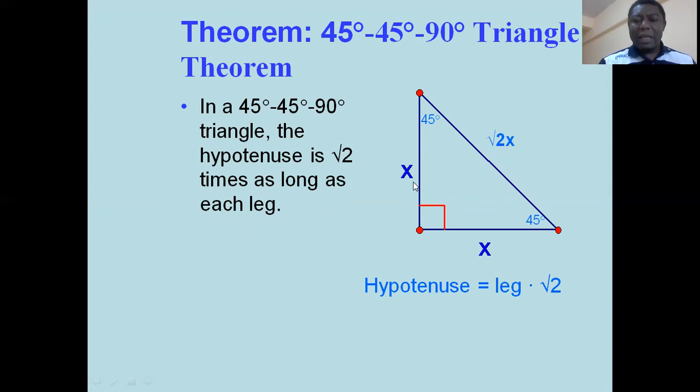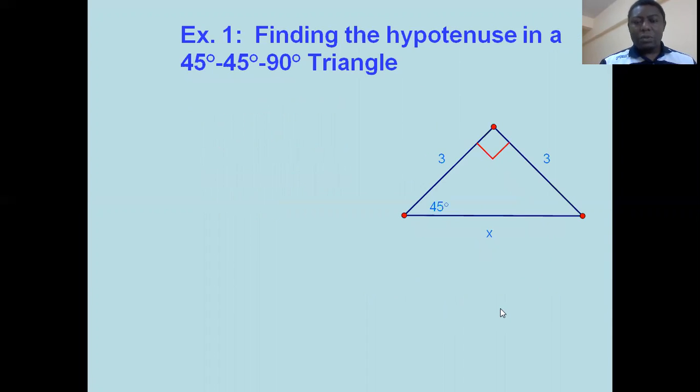Each leg here is x, so you can use either leg, both of them are the same. So the hypotenuse equals one of the legs times the square root of 2.